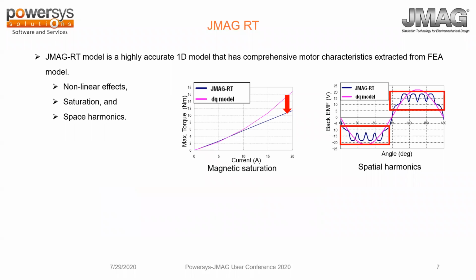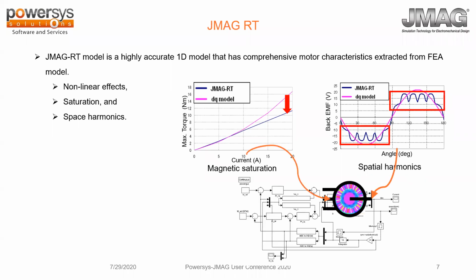Moving on further, Jmag Rt creates a highly accurate 1D model that has comprehensive motor characteristics extracted from the FEA model, which we have already seen. What it encompasses is that it captures nonlinear effects, saturation, and space harmonics.